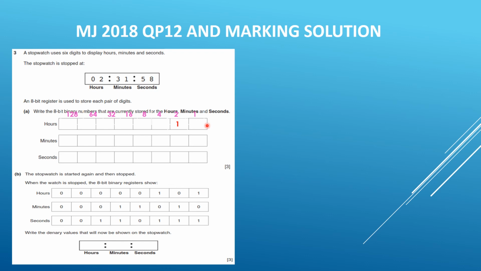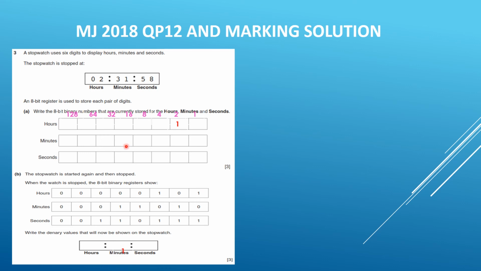To get the number 31, we will be turning on a few bits. Definitely it cannot be 128, it cannot be 64, it cannot even be 32. So to get the value 31, we need to turn on some of these binary notations, but we'll see which of them, when added together, will give us the value 31.